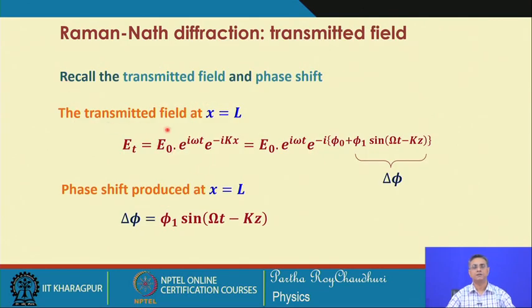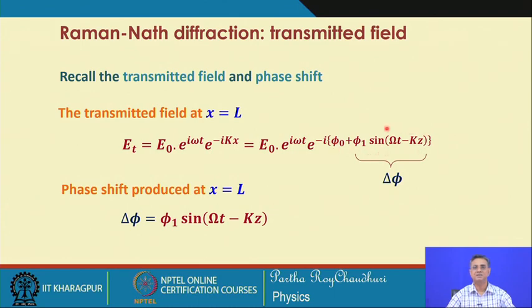So, let us remember that the transmitted field is given by this, because these are the quantities which we will now require. This is the change in the phase of the optical wave because of its travelling through a length L of the acoustic wave.